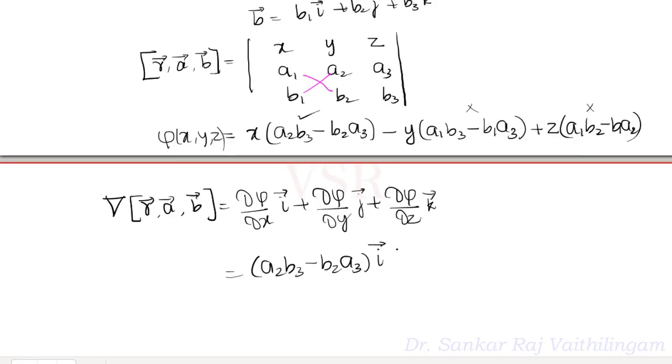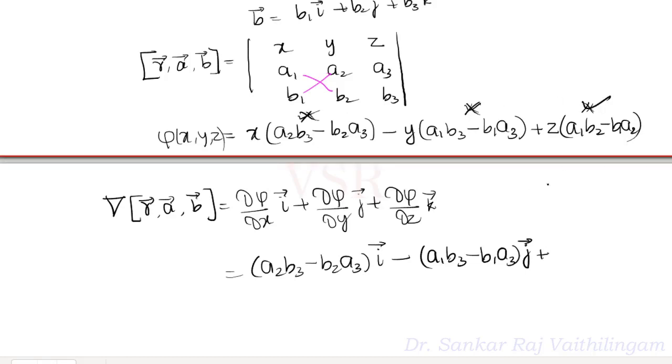Now differentiating with respect to y, we get the minus sign, so the rest is A1 B3 minus B1 A3 into j vector. With respect to z, only this term remains, so we get A1 B2 minus B1 A2 into k vector. This is just a vector cross b vector, the same formula.